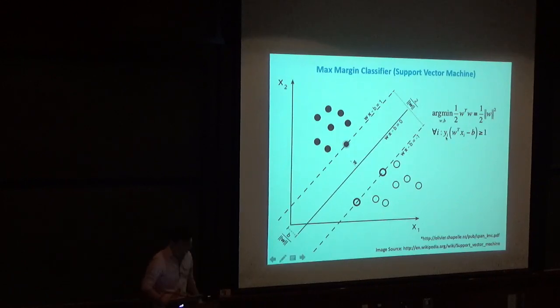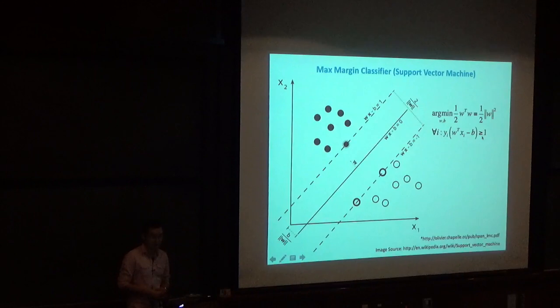Such that for all training data points, the unnormalized signed distance multiplied by the actual sign of the target is at least 1. No less than 1. So this is the optimization problem for the support vector machine learning objective.